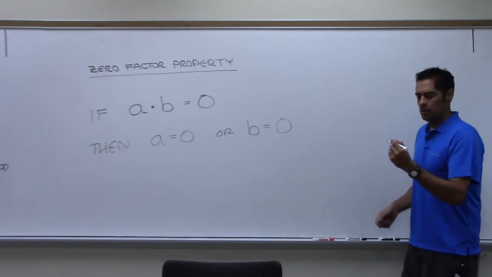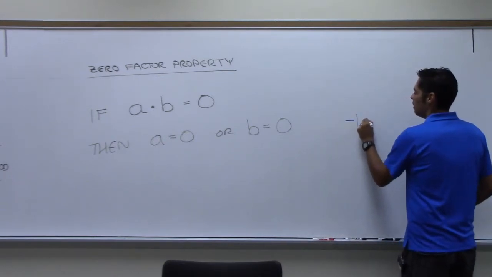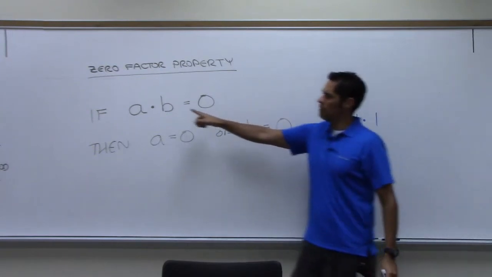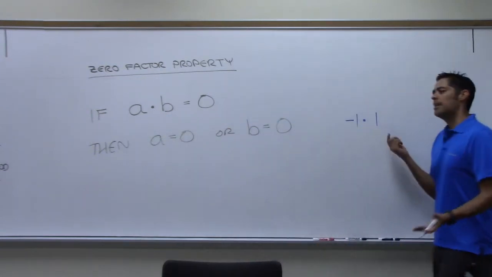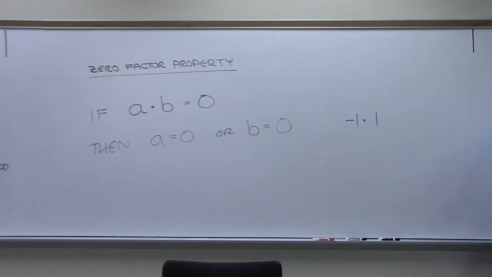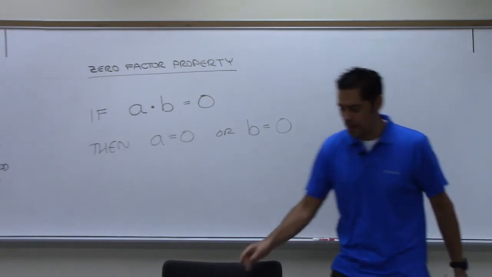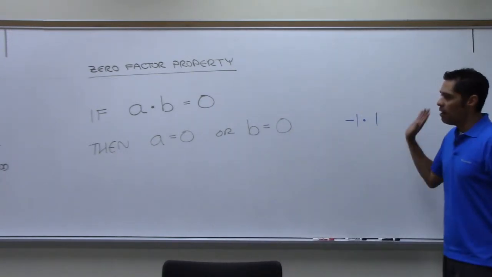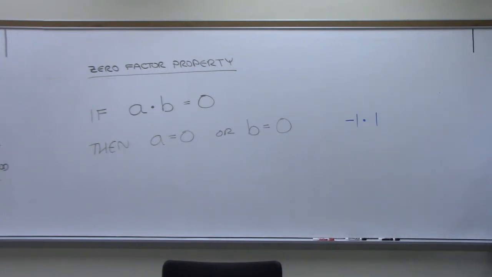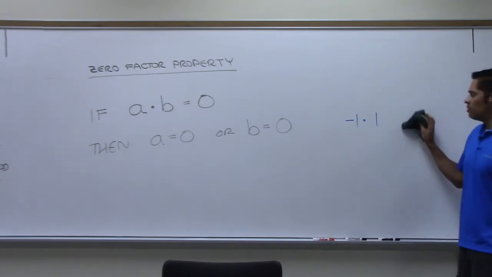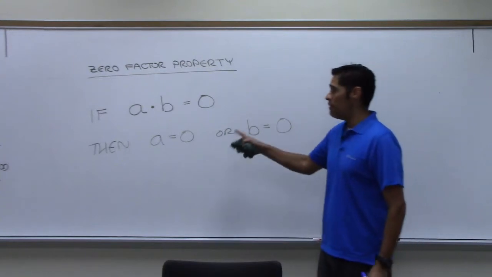Negative 1 and 1. But it's multiplication. So that's going to give you negative 1, right? It's a good try. It would work with addition, right? But not with multiplication. So you can sit there and try all day long. You're not going to ever come up with it. All right? So two numbers multiply to be 0 means one of them has to be 0.